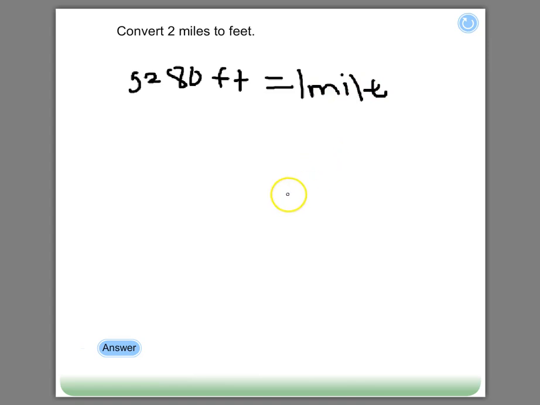Okay, so there's your unit ratio, or you could put it under, and you will for your problem put it under. So 1 mile. Okay, so 5,280 feet per mile. Okay, write that one down in your journal.